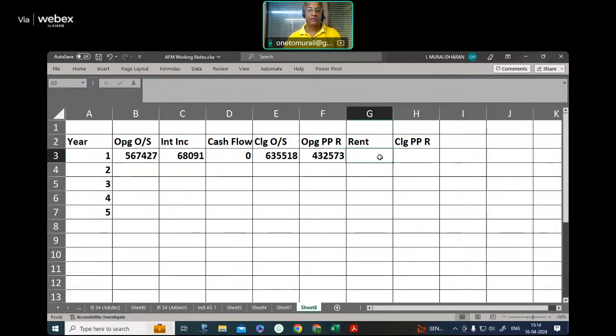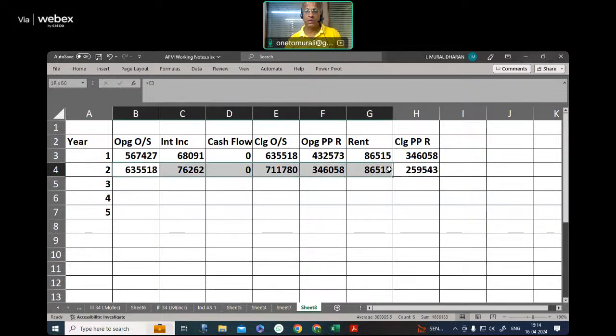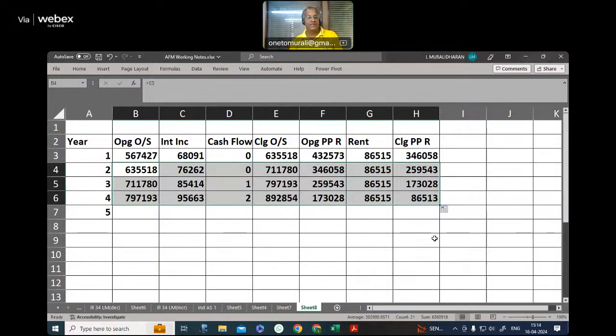This is going to be... So interest income, cash flow, this. So now let us run for 2 more years. Same way.